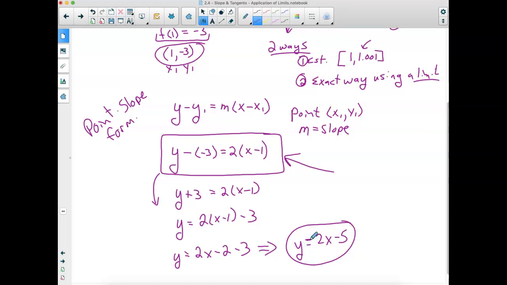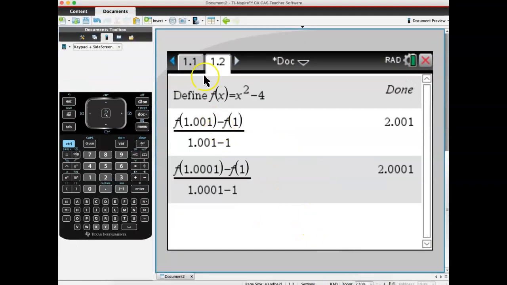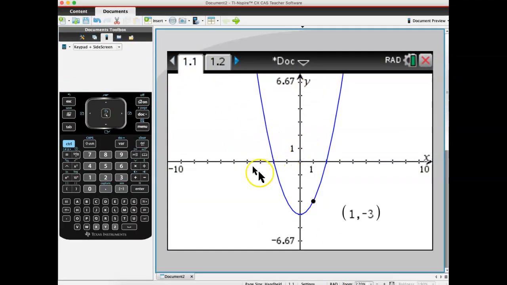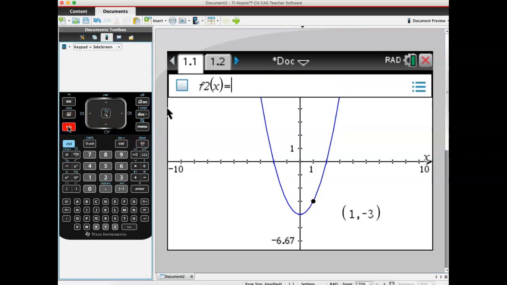So what did we actually do by finding this tangent line? This is kind of neat. Let me pull up my graph, and I do have our function graphed right here. This is our x squared minus 4. And in this same graph, if I actually graphed my tangent line, which was 2 times x minus 1, minus 3, I believe.